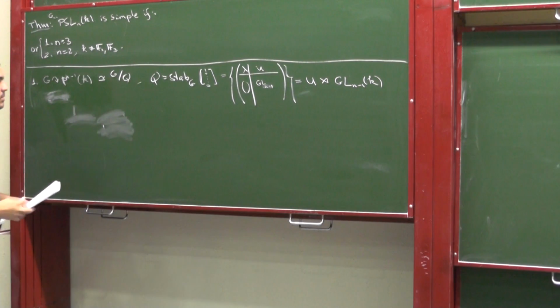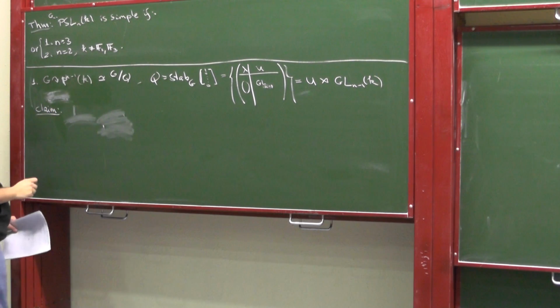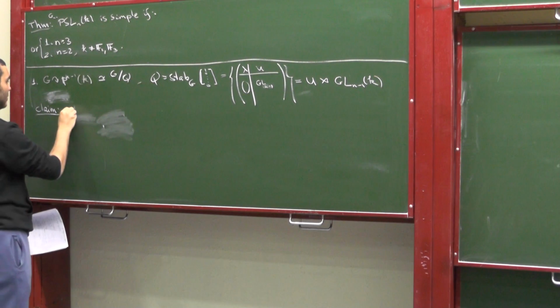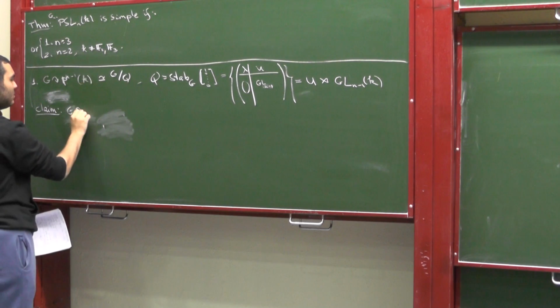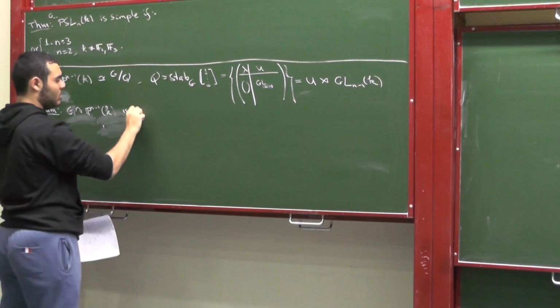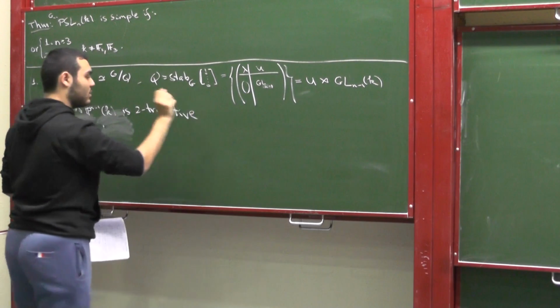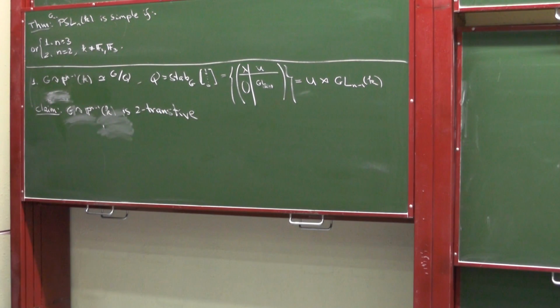That's an example. Okay. So, a claim, something that you're going to prove at home: the action of G_n(K) is 2-transitive, meaning that if you take two pairs of different points, then there is a group element which takes one pair to the other.